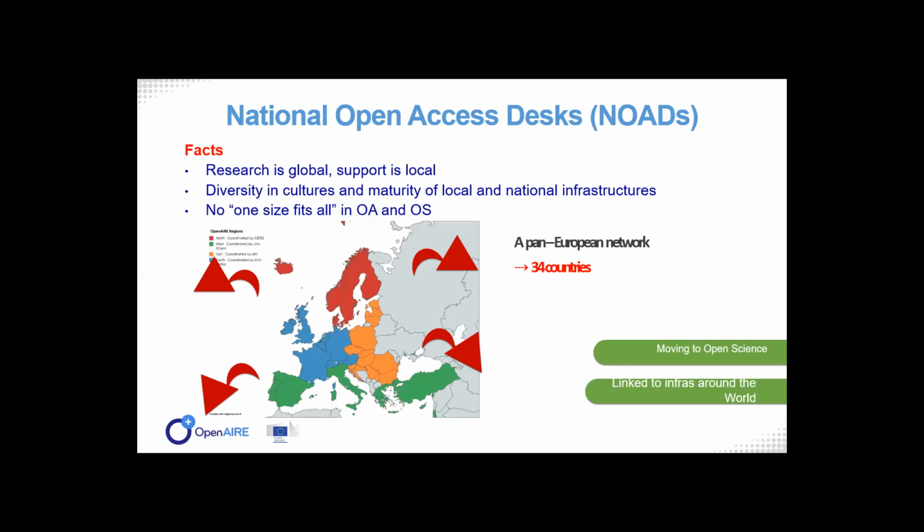Again, we encourage you to visit the OpenAIRE portal and see who the NOAD is in your country, and we encourage you to get in touch with them. NOADs are very active. They organize a number of local events of different types. So we encourage you to liaise with them.